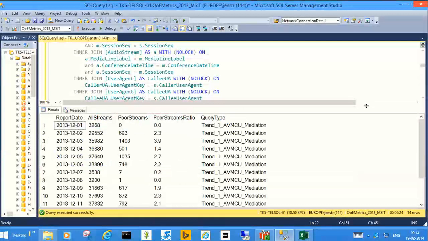Yeah, question? Can we run this on a multi-tenant setup? A Lync Online multi-tenant? So the answer is no. In multi-tenant, you don't have access to the QoE database. So not in multi-tenant. You might be talking about dedicated.